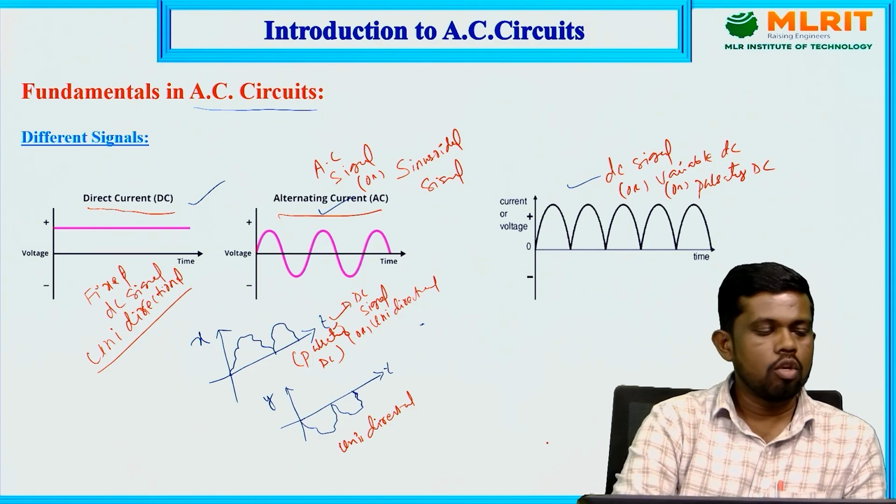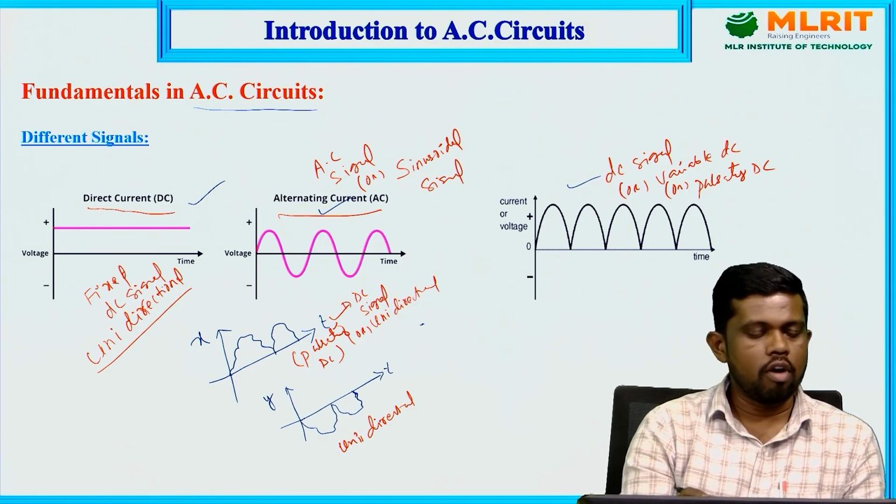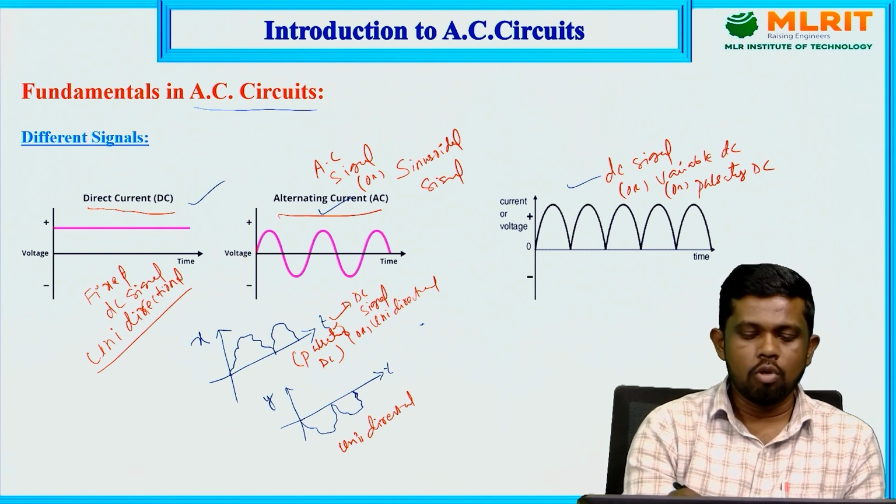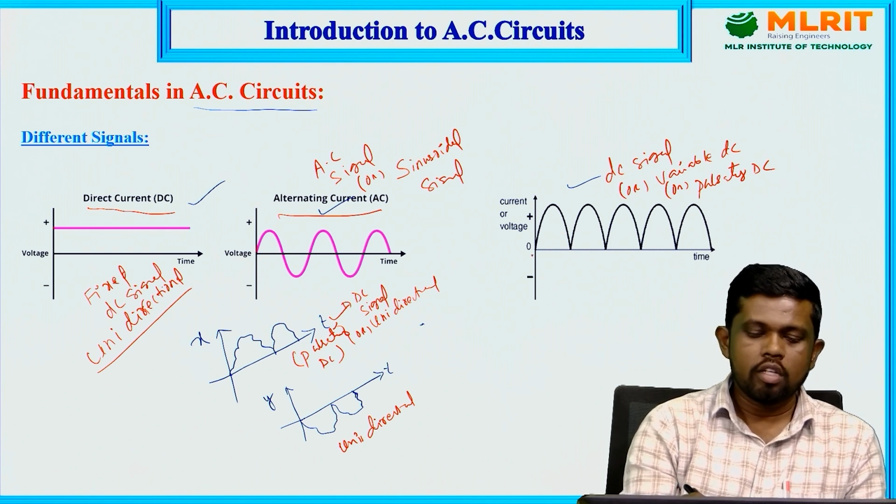In this we need to discuss the different fundamentals in AC signals or DC signals, because in a circuit we need to deal with these fundamentals. Let us take this signal.